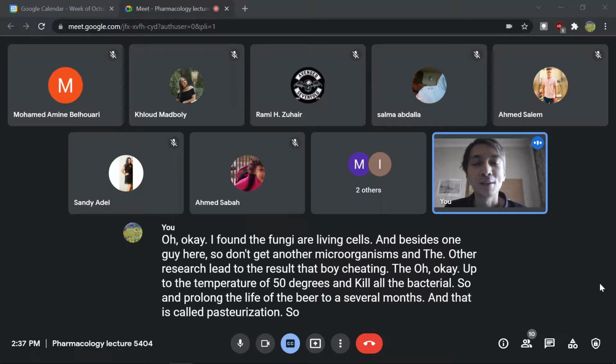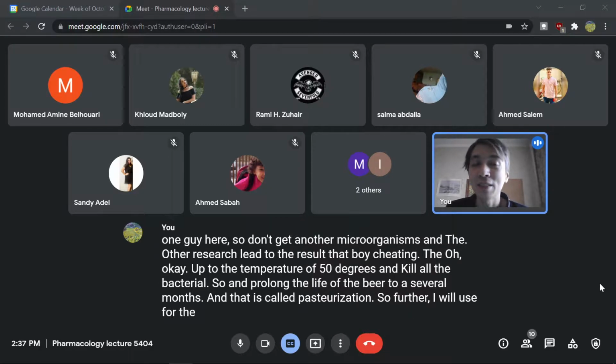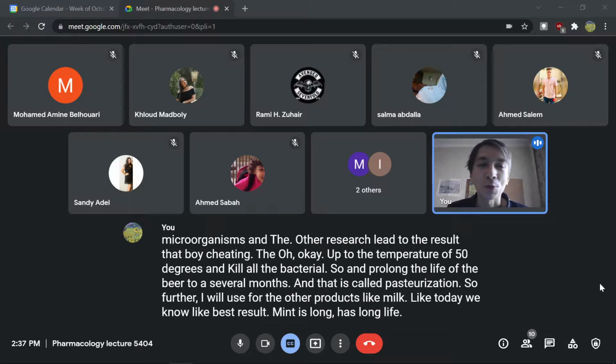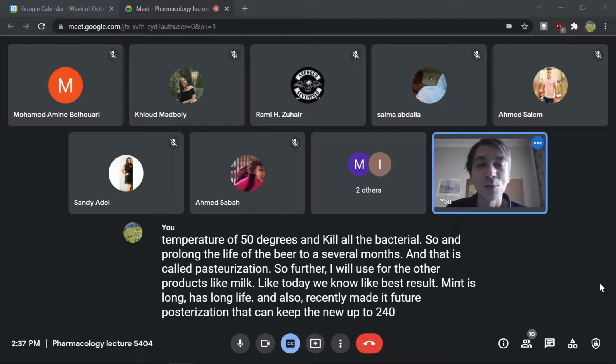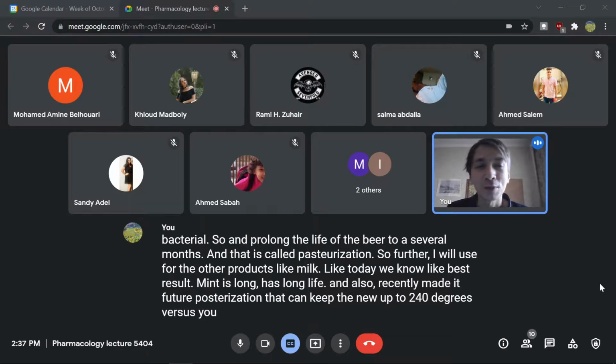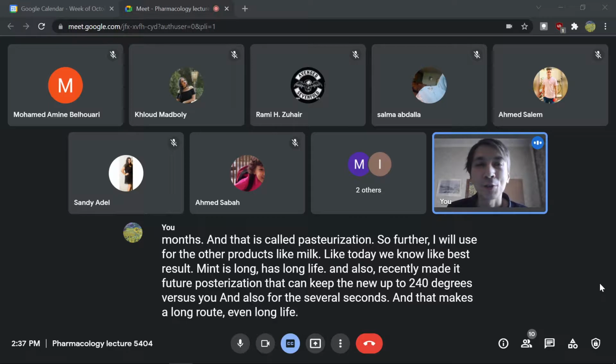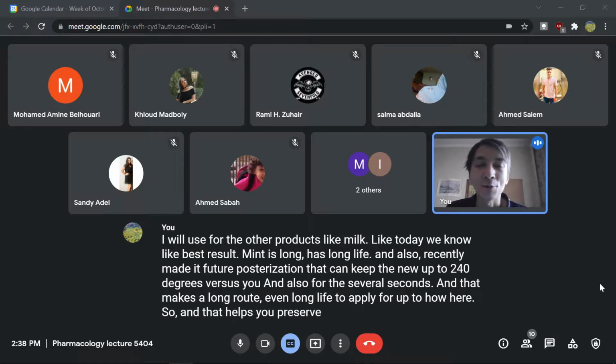It has further been used for other products like dairy products like milk, and today we know pasteurized milk has long life, and recently they invented ultra pasteurization that can heat the milk up to 140 degrees Celsius for several seconds, and that gives milk an even longer shelf life, up to half a year, and that helps to preserve the food longer.